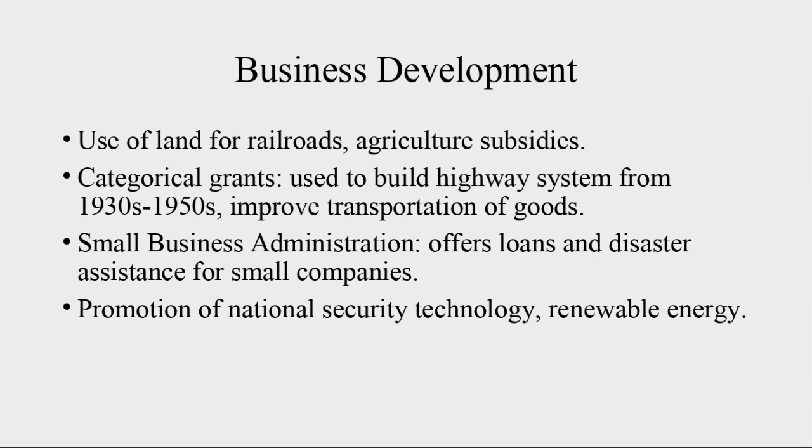And the federal government used grants to help build the interstate system. They built about 900,000 miles of national highways in the 1930s, and another 45,000 miles by the end of the 1950s.